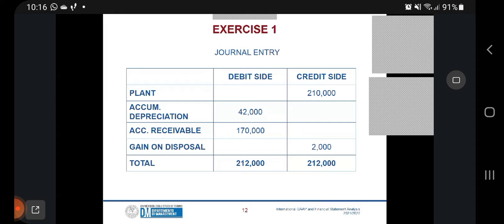And then, since the company is going to collect the value of 170,000, you have to account for it as an account receivable. And then, in order to hold the equation, there is the gain on disposal for 2,000. Gain and loss on disposal are always recognized in the income statement. Is it right?